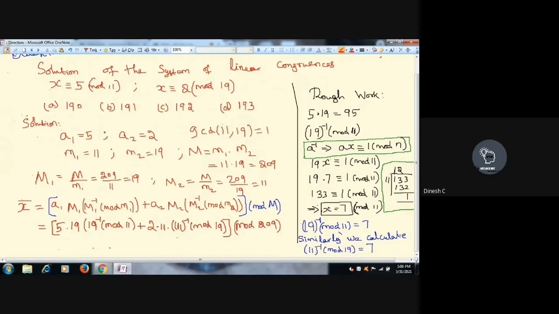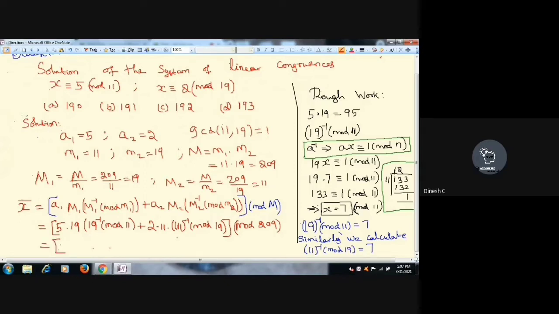So we calculate 19 times x congruent to 1 mod 11 and find the x value. Here I did a rough calculation. 133 divided by 11 gives a remainder of 1. So if you multiply 19 with 7, you get a remainder of 1. So 19 inverse mod 11 is 7. Similarly, 11 inverse mod 19 is also 7.